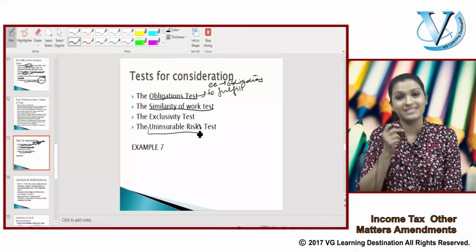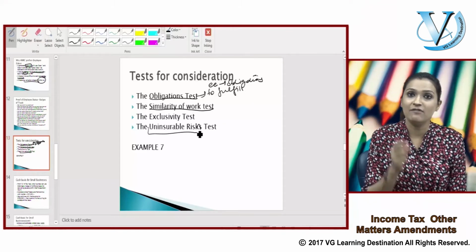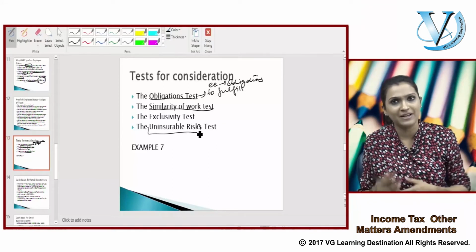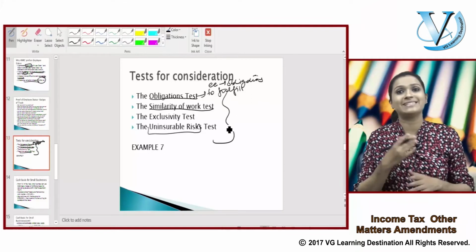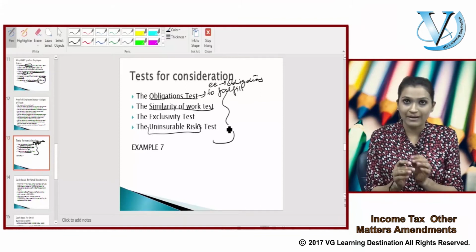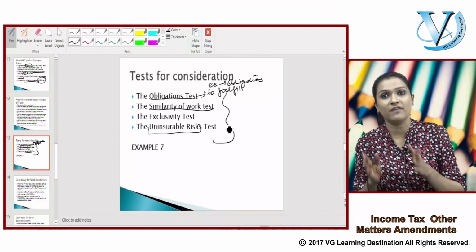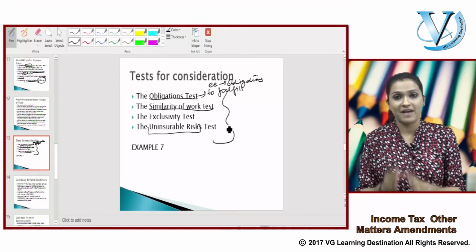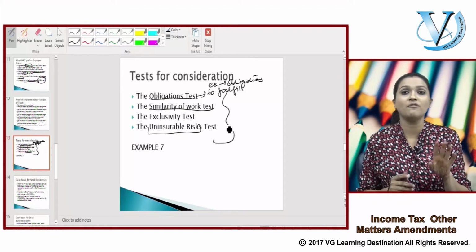If you yourself are bearing the risks, then you may look like a self-employed person. So you can perform these 4 tests in order to assess whether a particular assessee is going to be categorized for a particular tax year as an employee or as a self-employed person. So it is very, very important that we be able to perform these 4 tests of consideration.